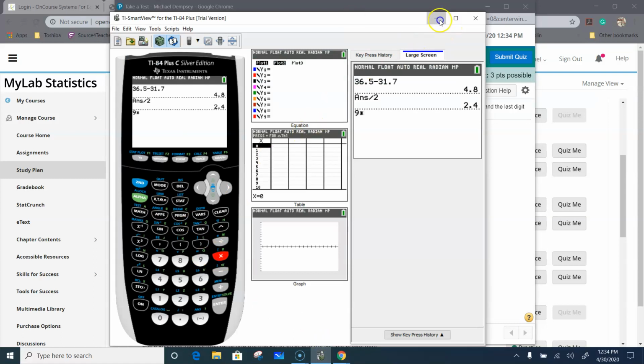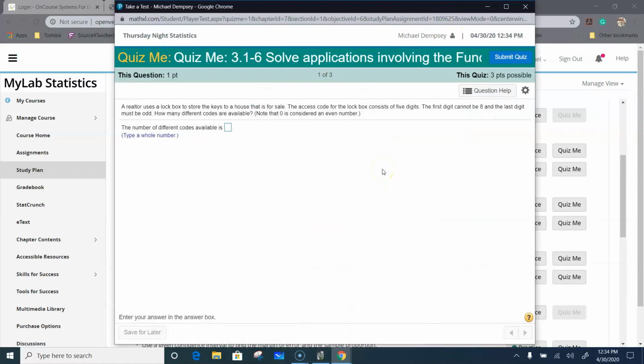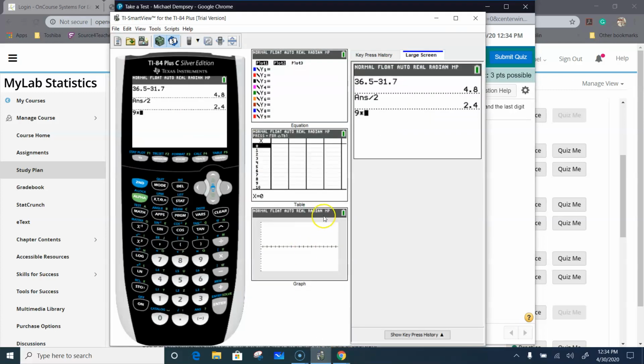Okay. The first digit cannot be an 8, and the last digit must be odd. So that means there's only 5 numbers available for the last digit. And there's 5 digits total. So I have 9 possibilities for the first digit, and then the next 3, which would be 10 to the 3rd power. 10 times 10 times 10, there's 10 numbers available for each.